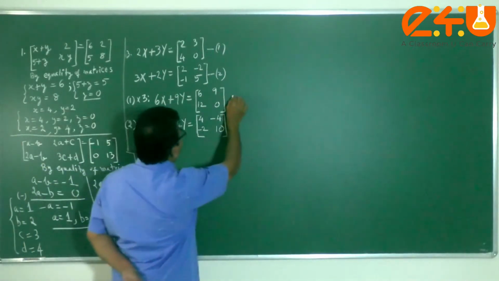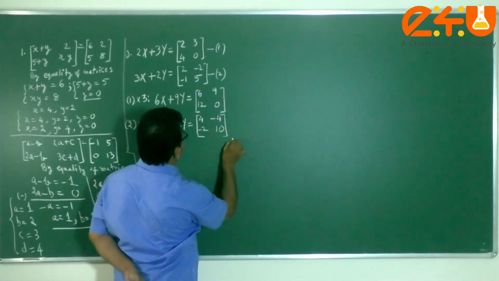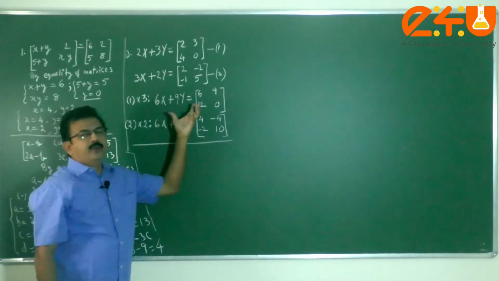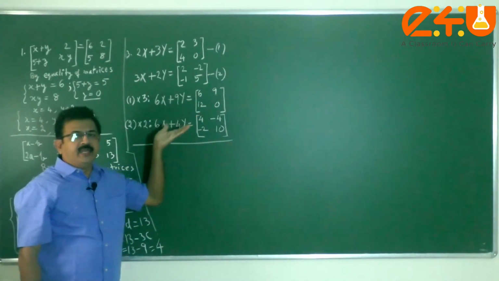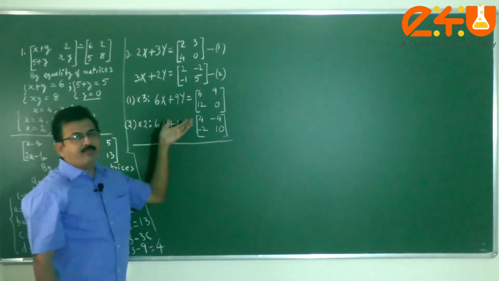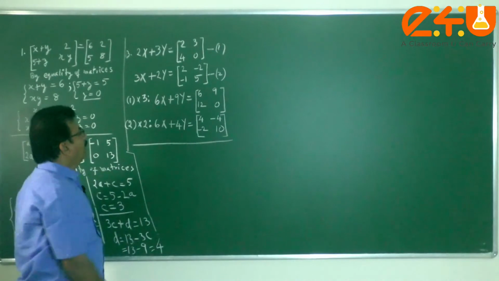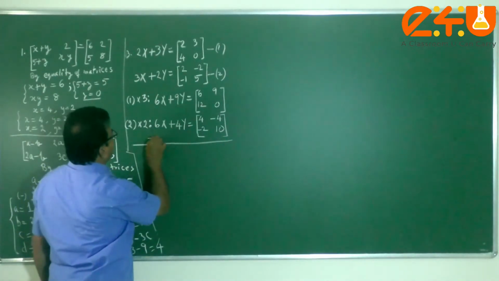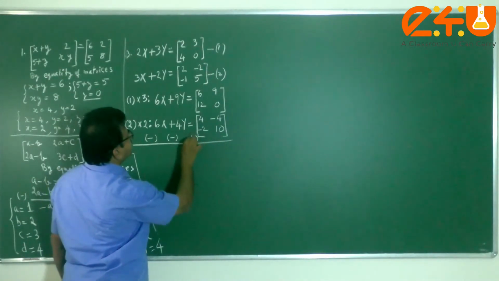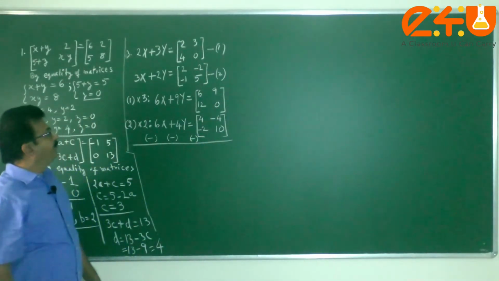That's good. So we got these relations. As you would operate in the case of linear equations algebraically, you can do so in the case of matrices also. So I am going to subtract, which means I am changing the sign of every element.